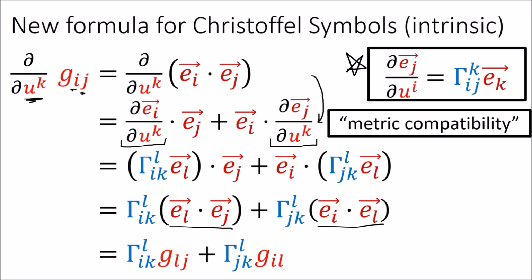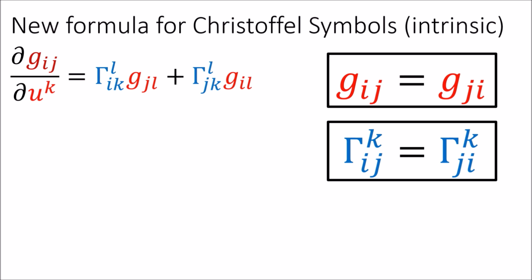Now remember, we're free to switch the indexes of the metric tensor, so I'm going to go ahead and switch the l and j indexes of the metric tensor here. Okay, so we have this formula here where the derivative of the ij component of the metric tensor with respect to the k coordinate gives us this, with summations over the l index.